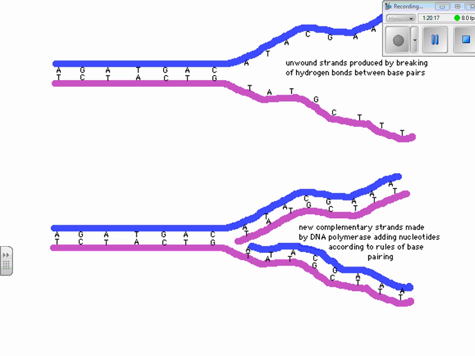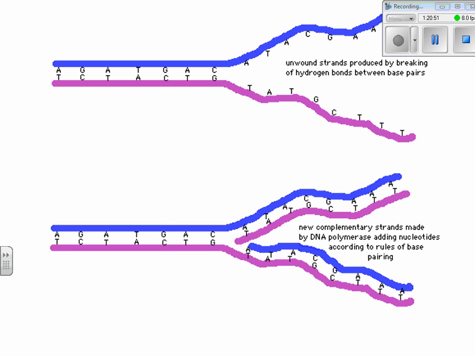They have to be separated from each other, and then a new strand is built up against the original code using an enzyme called DNA polymerase, and consequently you end up with 2 new DNA molecules, both of which are identical to the original and to each other. They must be, if you think about base pairing. If only it was that simple, it would make life a lot easier, but this process is very complex.